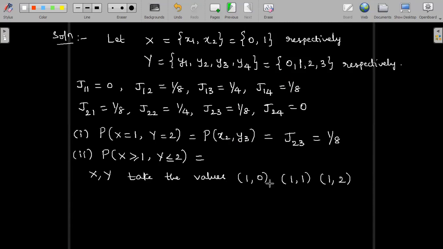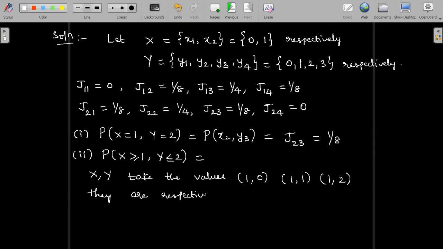So x is fixed as 1 in all the cases. Then y should be less than or equal to 2. Y values start from 0. So 0, 1, 2 are the respective values that it can take. That is why I have taken y as 0. Next case y is 1. Next case y is 2. That's why the coordinates x comma y become 1, 0; 1, 1; and 1, 2.